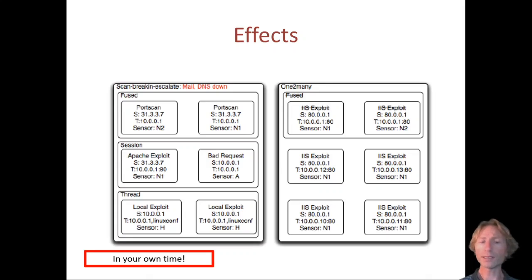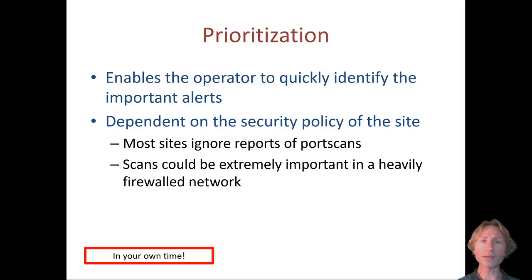So that is an important impact that we find. And on the basis of that, we may start prioritizing, to help the system administrator focus on the problems that are most important. And this, of course, depends on the security policy of the site.